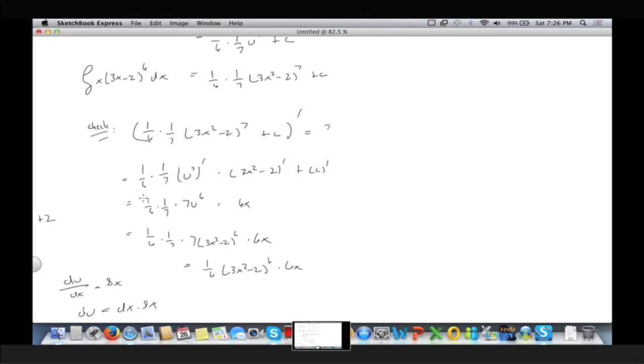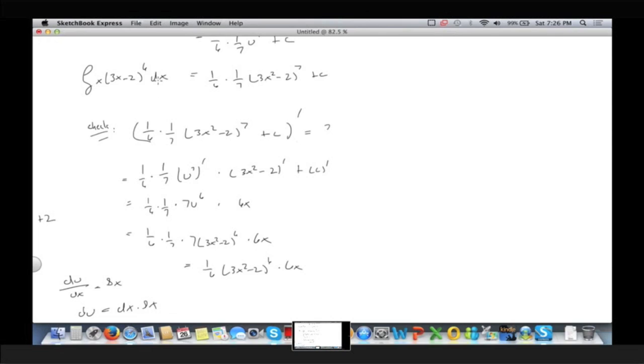It was better to leave it as 1/7 because then the 1/7 canceled with the 7. Good. What's 1/7 times 7? 1. Good. So those canceled. Okay. This part looks the same. 6x. Okay, yeah, that's the same.